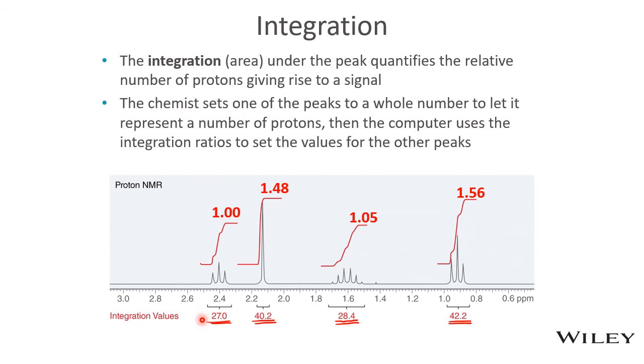So we will go ahead and call this peak 1 hydrogen because that's the fewest number of hydrogens you can possibly have. Now what the computer will do is they'll take this value and divide it with all of these other numbers. So we'll end up with values of 1, 1.5, 1, and around 1.5.